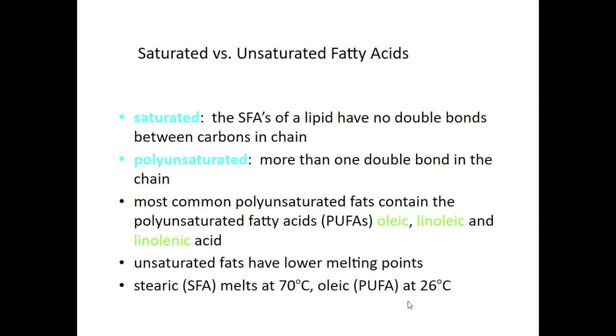So that's why, guys, even at room temperature, unsaturated fats remain liquid, while saturated fats remain solid at room temperature because unsaturated fats have lower melting points.